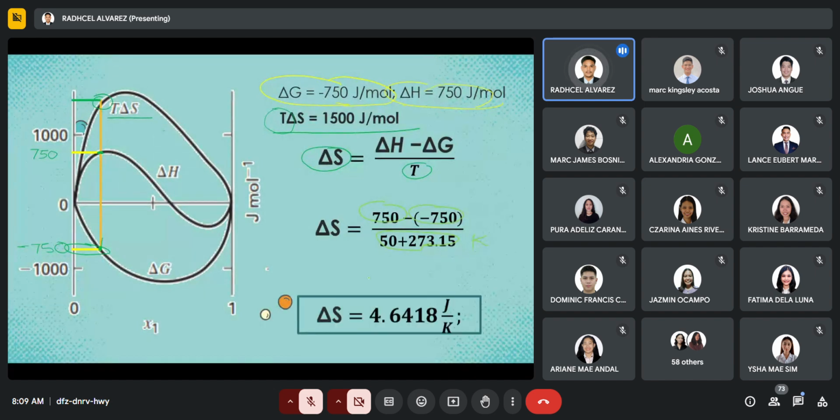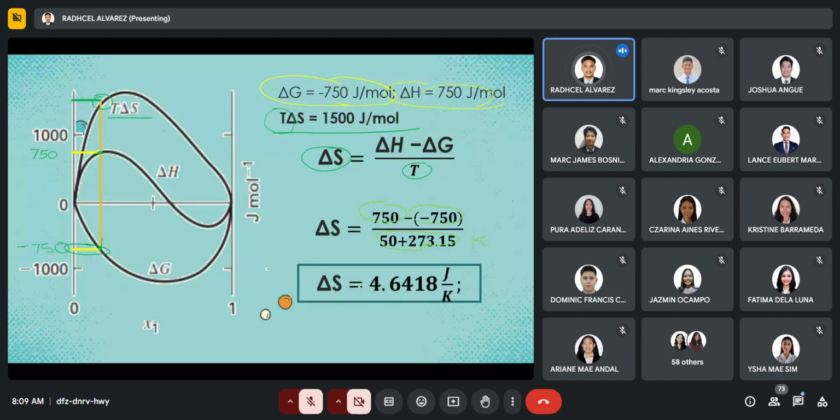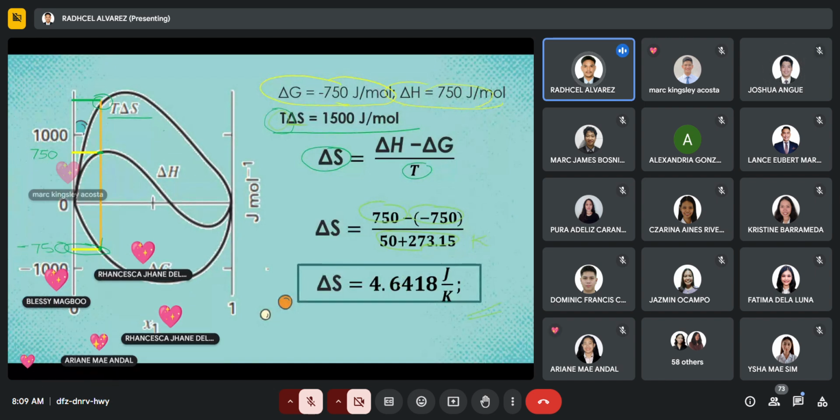So meron tayong value na delta S is equal to 4.6418 joule per Kelvin. Nakuha niyo ba ito? Or simply, i-divide nyo lang itong 1.5 sa ating temperature para delta S na lang yung matira. Same answer lang din naman siya. Nakuha nyo ba si 4.6418 joule per Kelvin? Yes po. Okay, thank you.